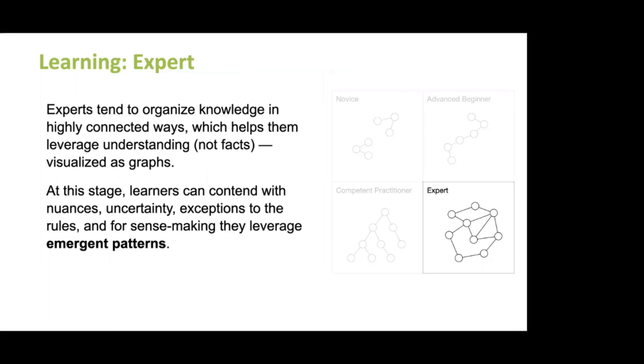And so the sense making, as people become experts in the field, tends to leverage more emergent patterns. And this is something that, in pedagogy, all of us who've ever worked as professors have had to grapple with: learning plans and lesson notes and all the rest. But this is something that the psychologists know quite well.